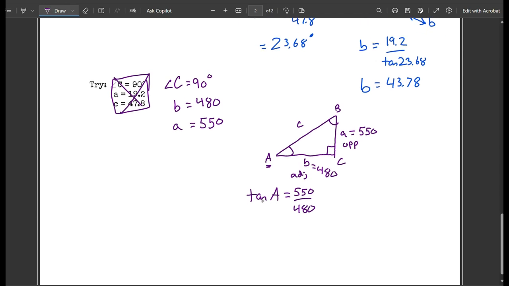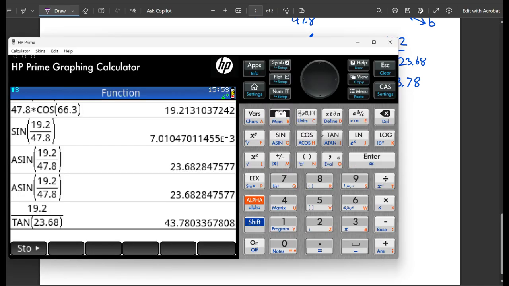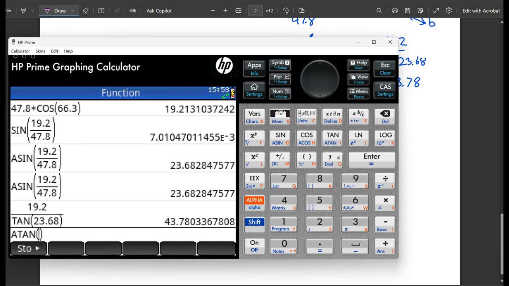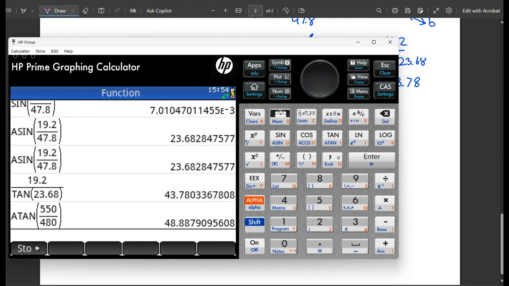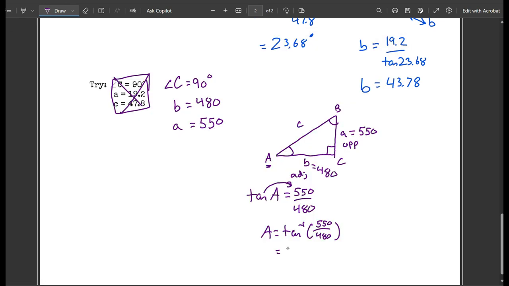All right, but we want to figure out A, so to get rid of the tangent, you're going to have to take the tan inverse of both sides, and that leaves us with A equals tan inverse of 550 divided by 480, which is going to equal, let's go to the calculator, shift tan, which gives us the arctan of 550 divided by 480, 48.887, so we can round that up to 48.9 degrees.